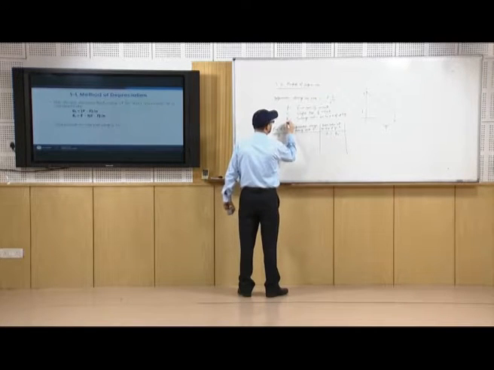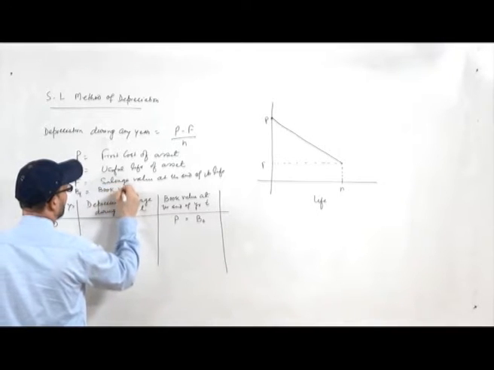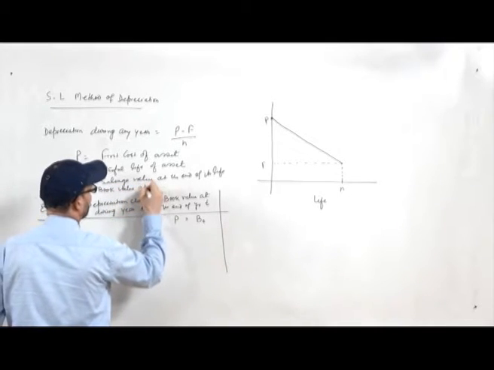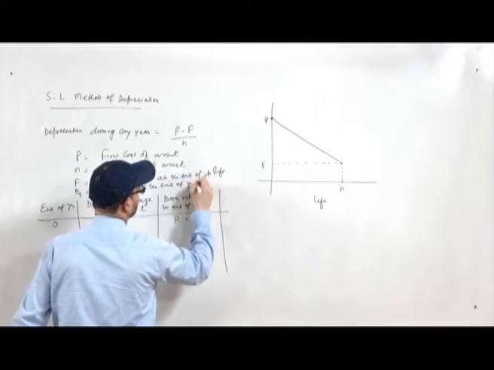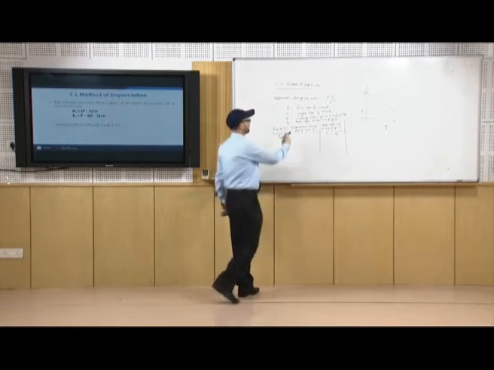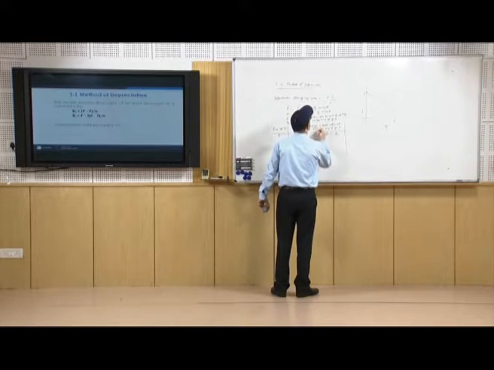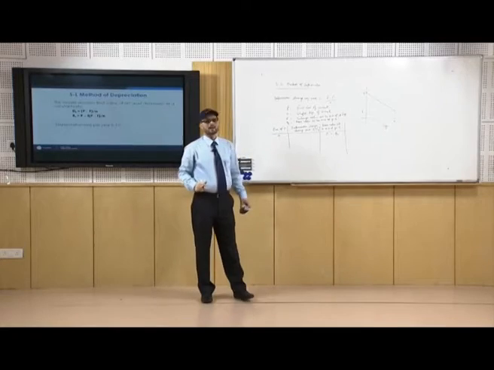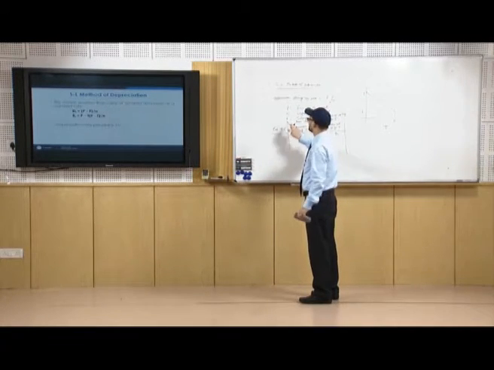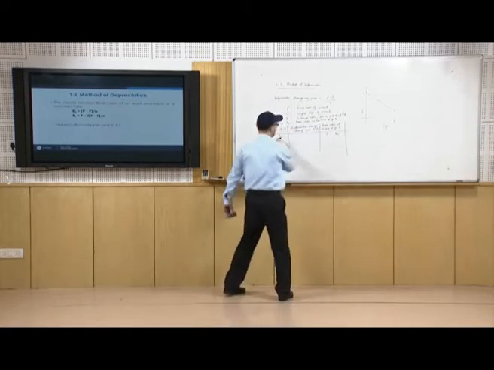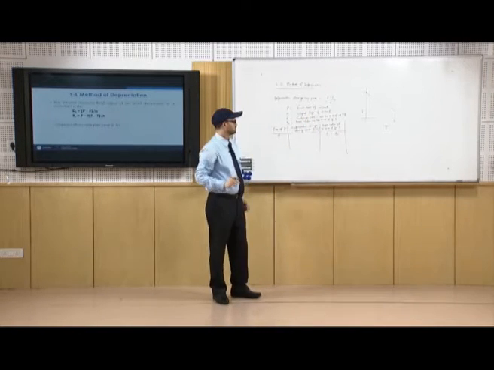So we can write B t as the book value at the end of year t. Depreciation charge during year t will be denoted as D t, and the book value at the end of year t we have already noted as B t. At the end of year 0, meaning presently, the value is P, that is B 0.